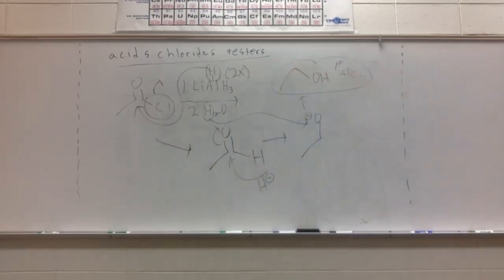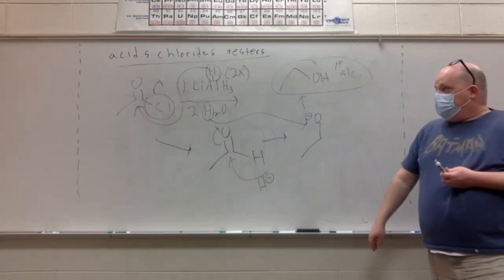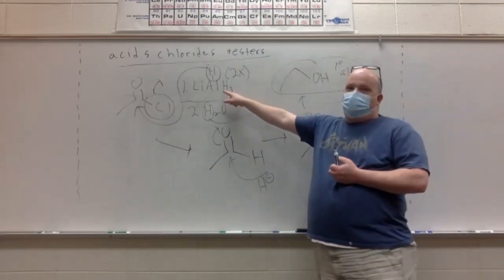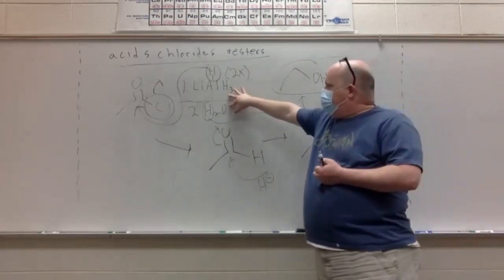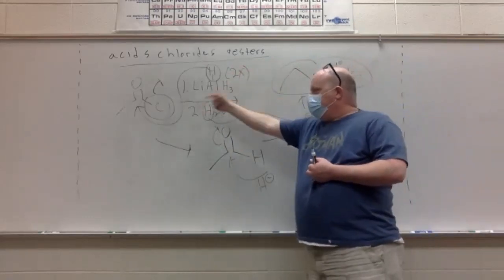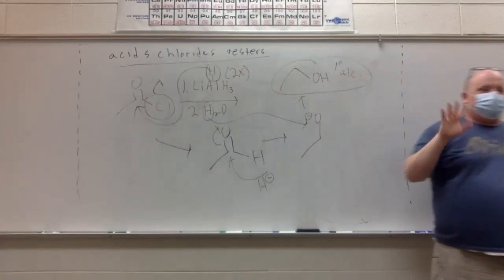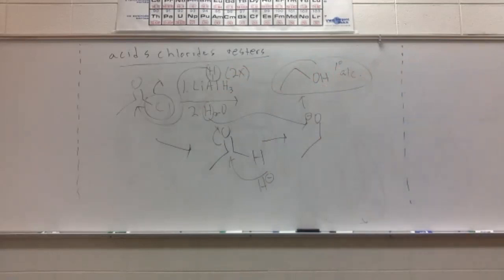For some reason, it's become acceptable in general convention just to put this and assume that you have 2 equivalents of it. So if you just see this and don't see the 2x, it's still going to do this. I think you should write the 2x, but again, that's just my personal opinion. Okay?